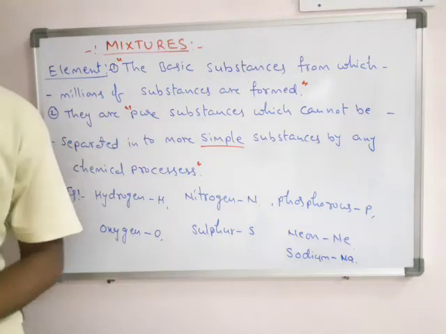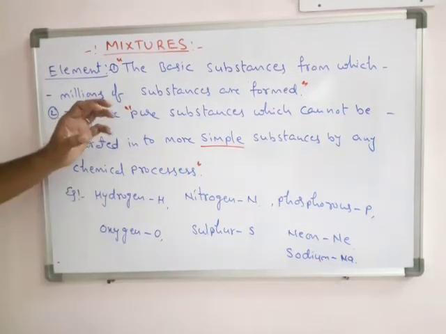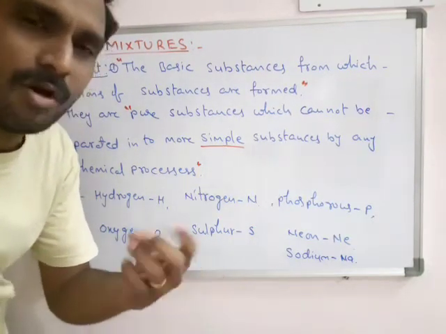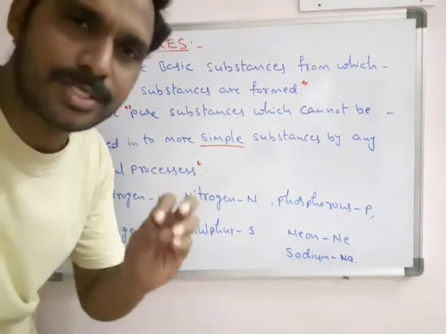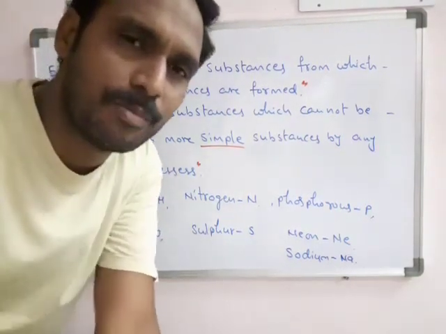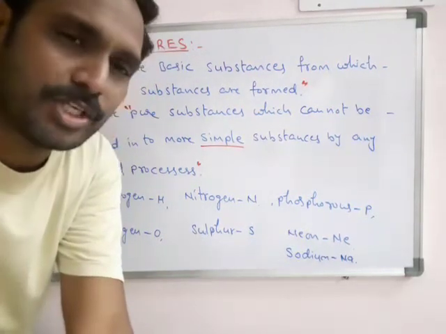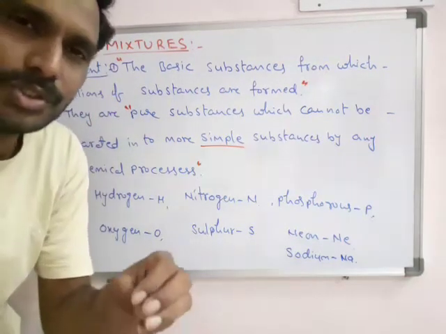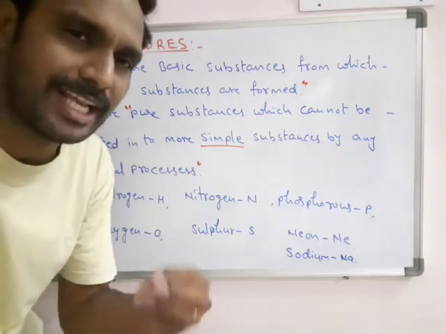Now we are in the mixtures topic. In mixtures, we already know the definition: the substances which have more than one kind of molecules are called mixtures. So to separate them, we need to know about elements. To discuss further, elements are necessary.